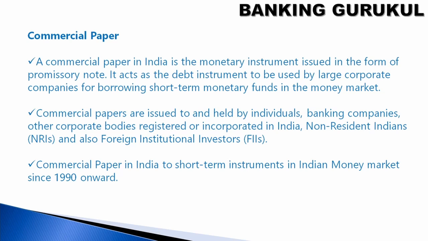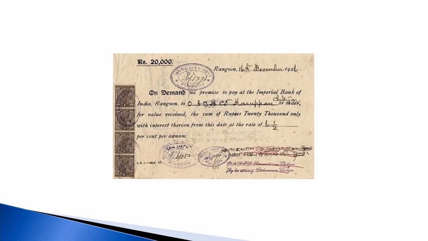Commercial paper has been a short-term instrument in the Indian money market since 1990 onwards. So commercial paper started in 1990. You can see a sample commercial paper issued so many years back. It is from 1926.